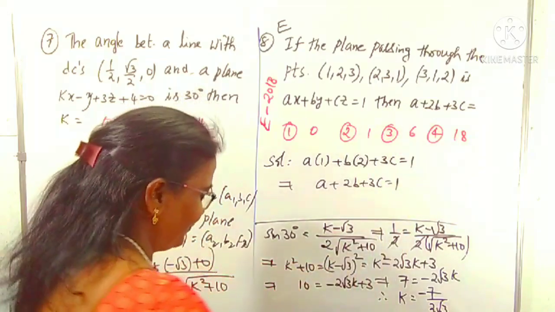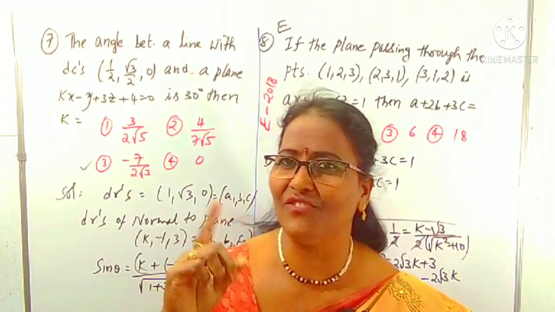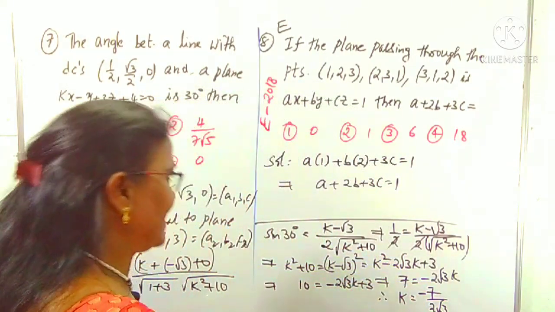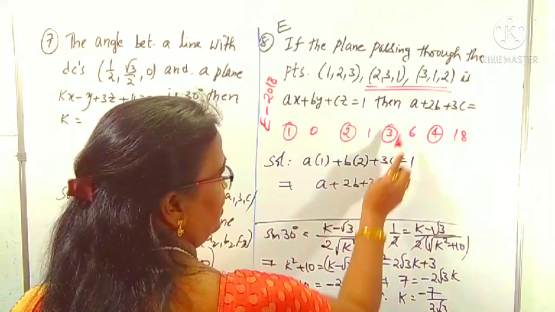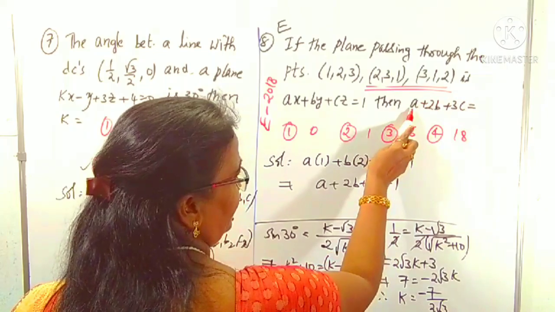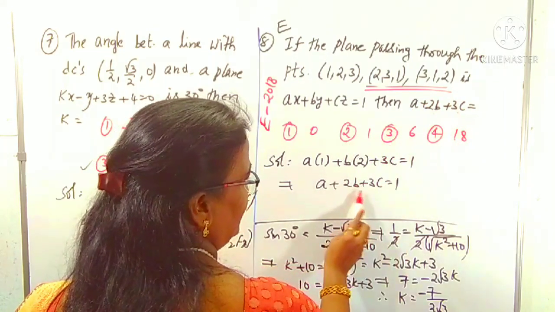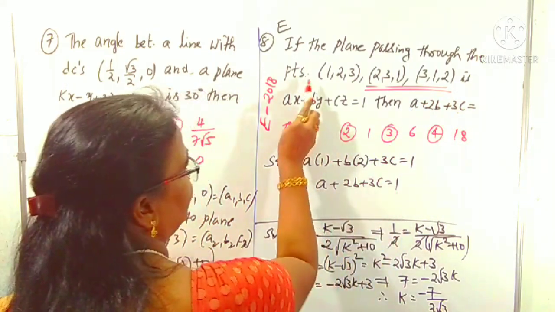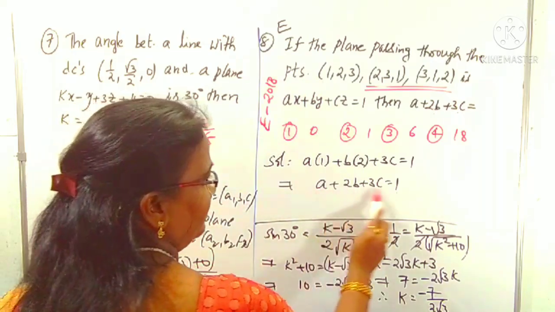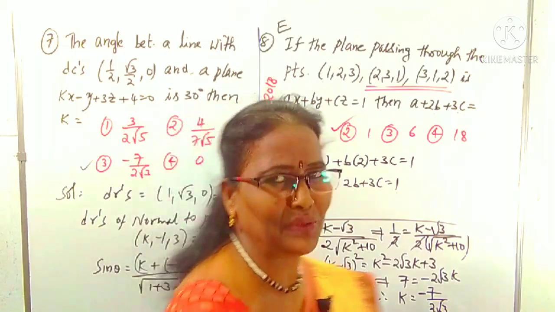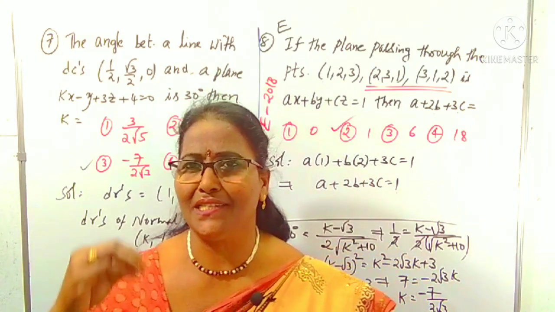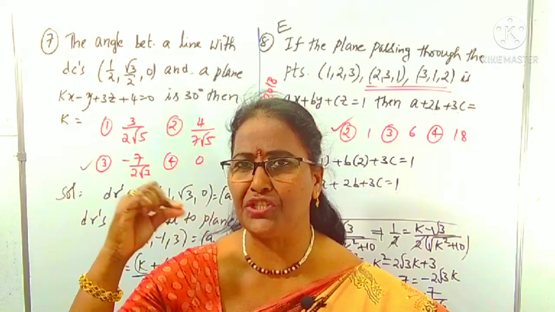Directly we got it as 1. No need to worry about the rest of the points. We got the required result, a plus 2b plus 3c is 1, using the first point only. Therefore, which option is correct? Second option. That's it. A very simple question. You just have to concentrate on how you can use substitution verification also.